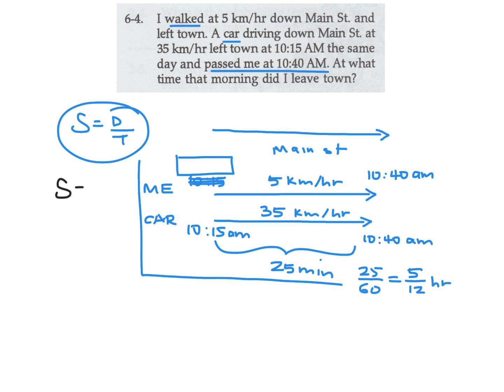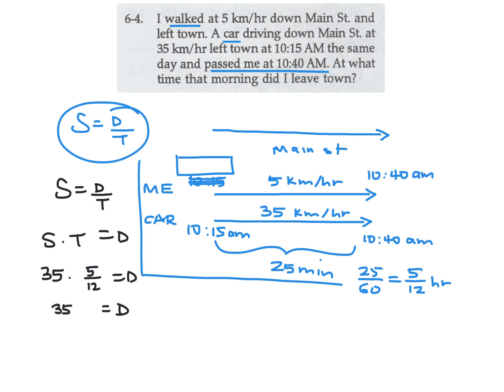So speed is equal to distance over time. So that means that the distance would be speed times time, and the speed is 35 kilometers per hour, and the time is 5 over 12 hours. So the distance is 35 times 5 divided by 12.